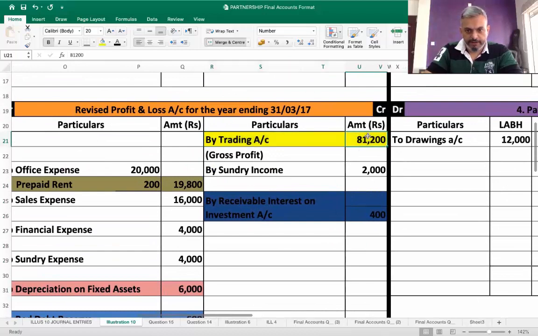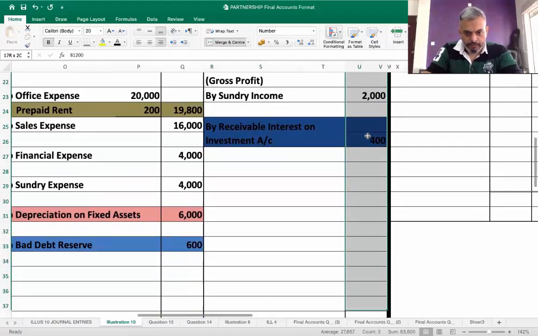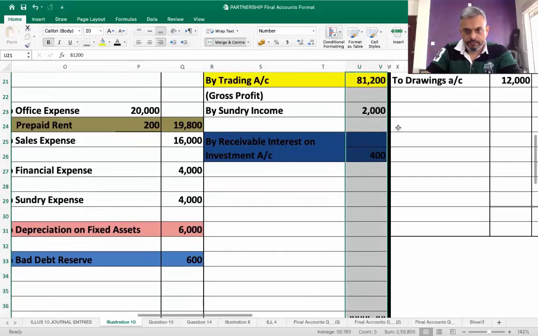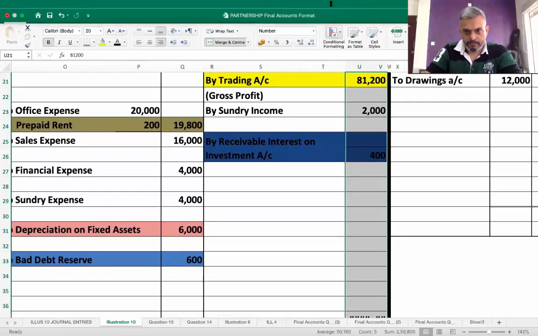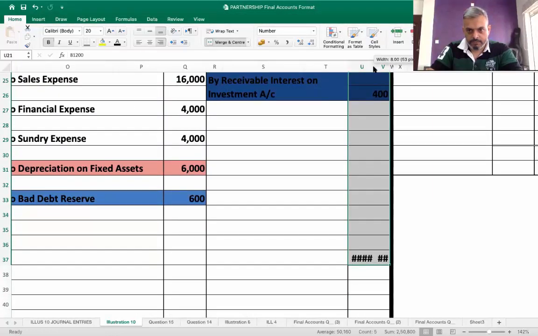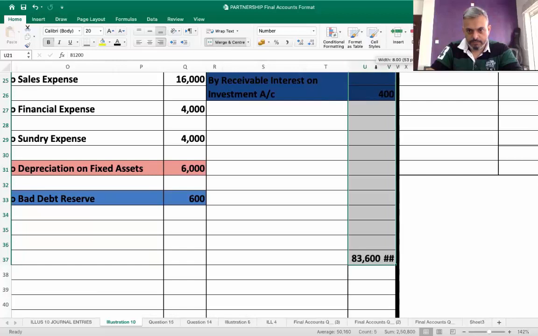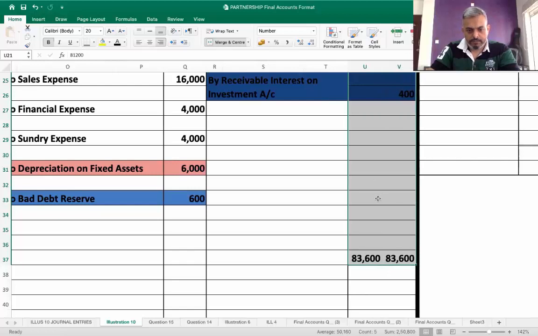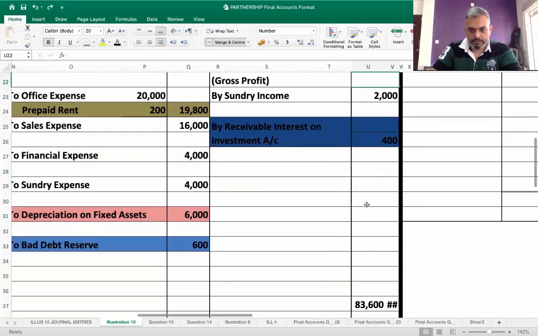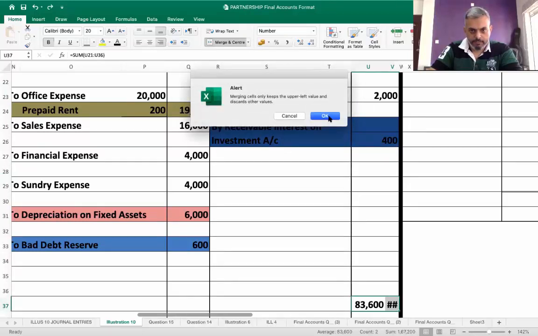Now let's see which side is more. Credit seems more. So let's do the total. $83,600.